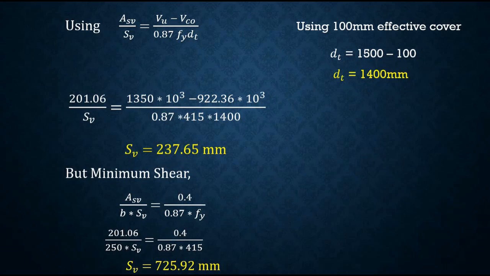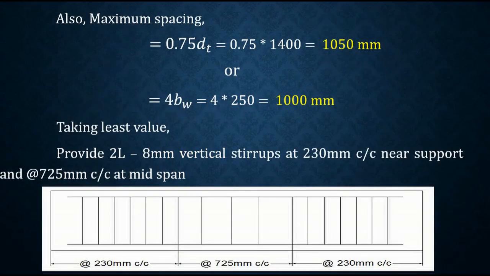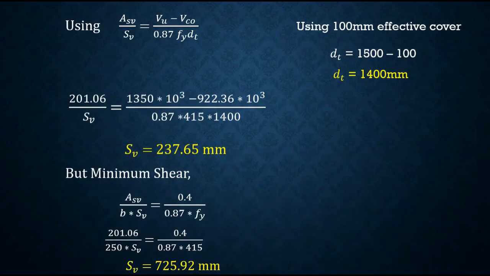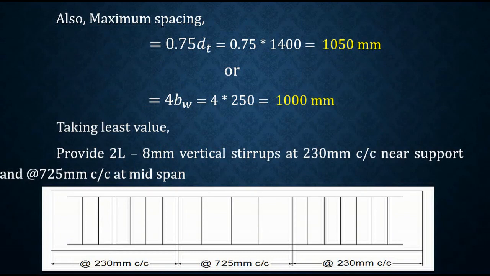Here in terms of 237, 725, 1050, 1000. In that, what we have done is we have considered the two least values. The first least value is 237. So I'm just rounding it off to 230 mm at the supports.